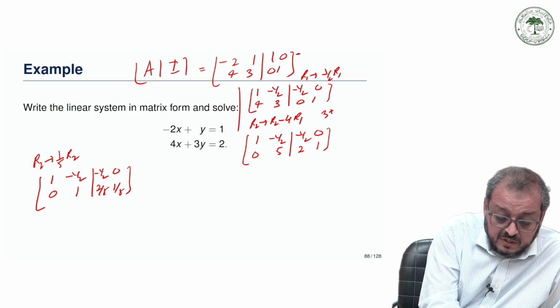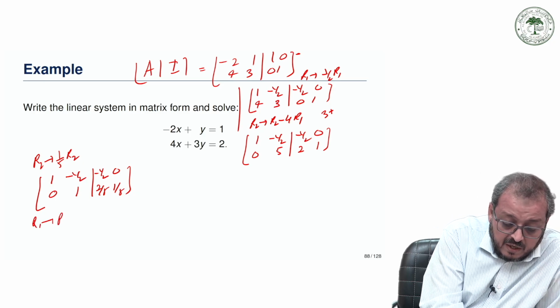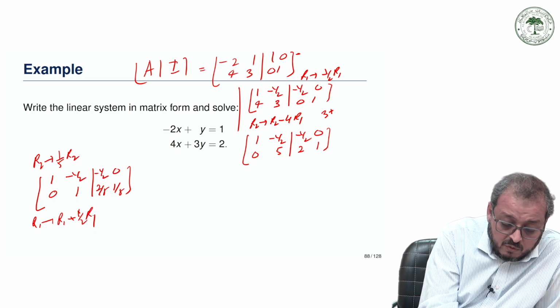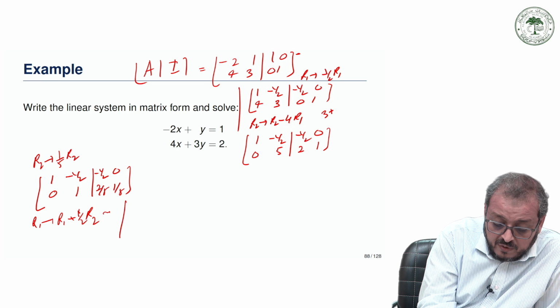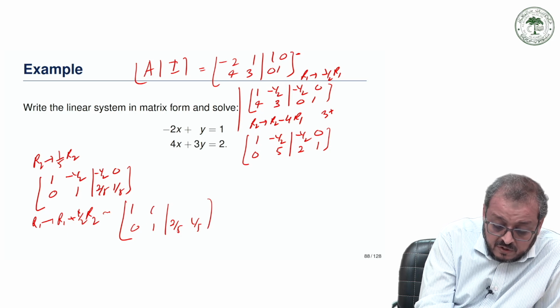Then we take R1 replaced by R1 plus 1/2 of R2. So we can write the matrix as [0, 1 | 2/5, 1/5], and the first row becomes 1, 0.